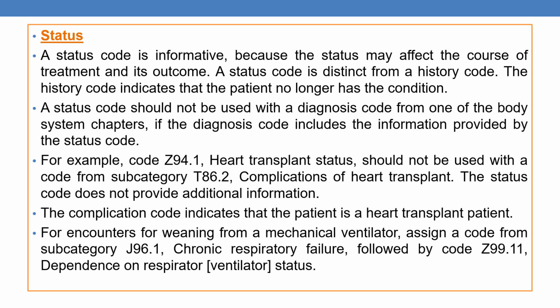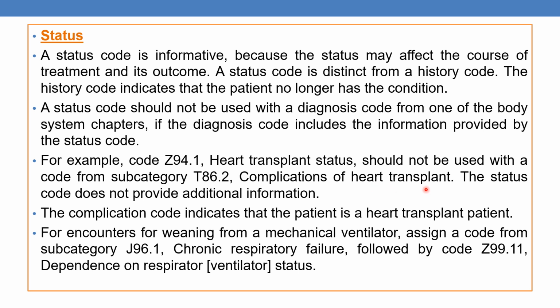For example, code Z94.1 indicates heart transplant status, and it should not be coded along with T86.2, that is complications of heart transplant. Here, in the code description itself, heart transplant is included.